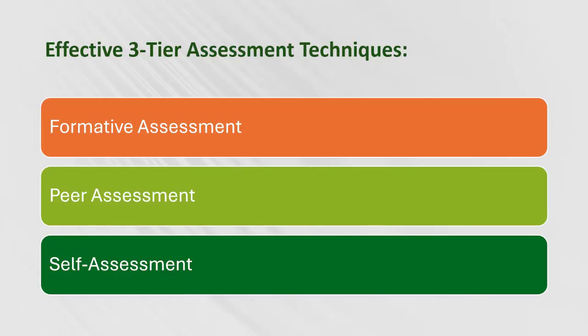One is formative assessment, the other is peer assessment, and one more is called self-assessment. Now there is no focus on summative assessment. Formative assessment has an upper hand over summative assessment. So we have to focus on these three.